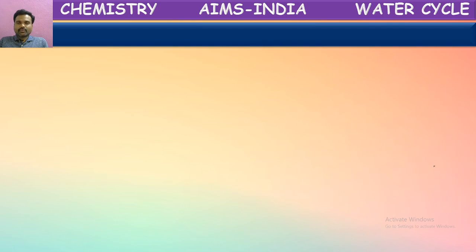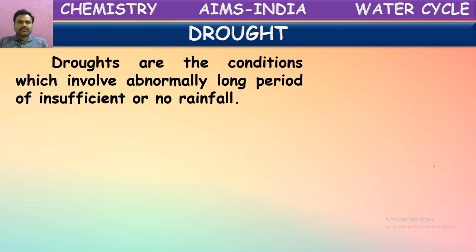So next, one more disaster, or we can say natural calamity, that is drought. What is this drought? Droughts are the conditions which involve abnormally long periods of insufficient or no rainfall.